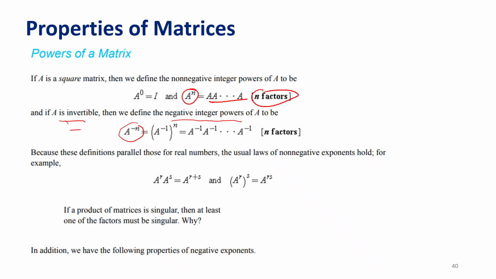It means the inverse multiplied n times. Besides that, we also have these three rules. When you have a matrix with powers r and s, you can add the powers. However, when you have A to the power of r, to the power of s, you can multiply the powers.